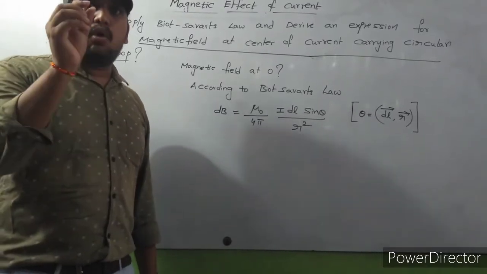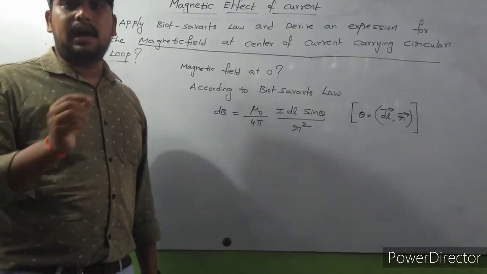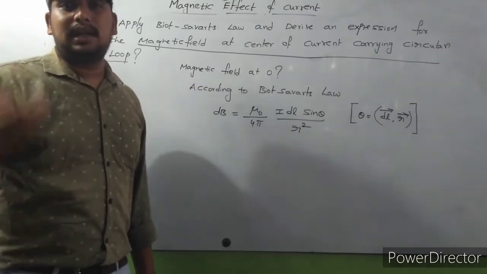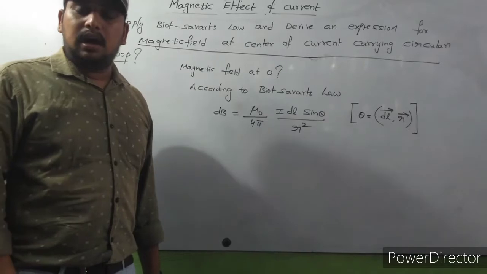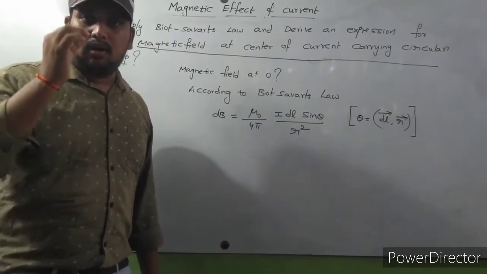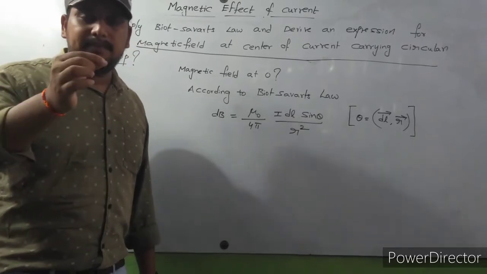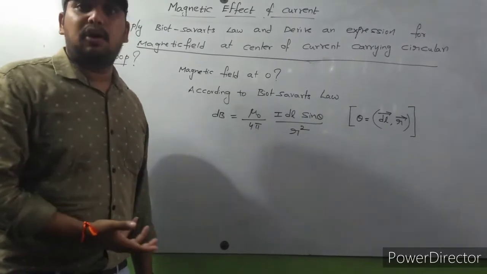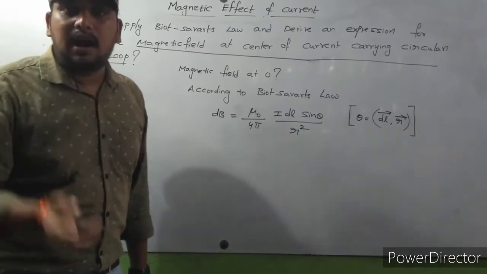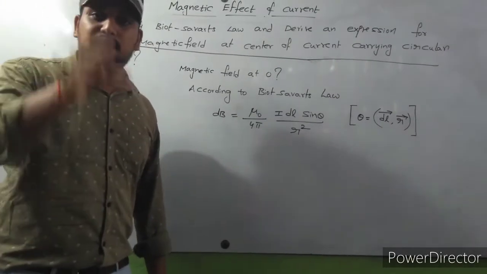If we take a small element of length dl and integrate that small element dl, we will get the total length of the conductor. I think all of you understood this. Again I repeat, we can't apply the total length directly in the formula. We just take a small element of length dl and integrate it.